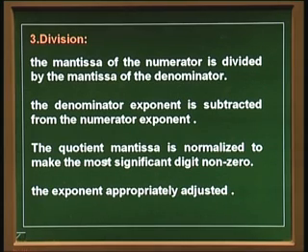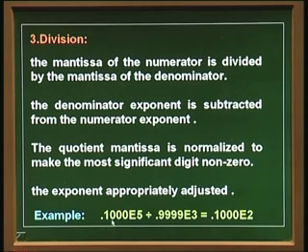When you do this operation, you have to adjust the exponent. Here is an example, particularly chosen to show that you would actually lose digits. 0.1E5, that is 0.1 times 10 to the power of 5, is divided by 0.9999 times 10 to the power of 3, and we get 0.1 times 10 to the power of 2.